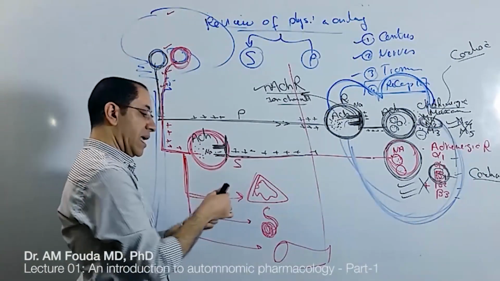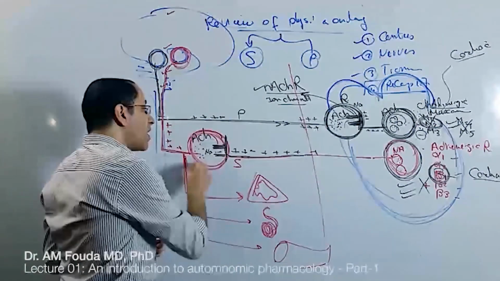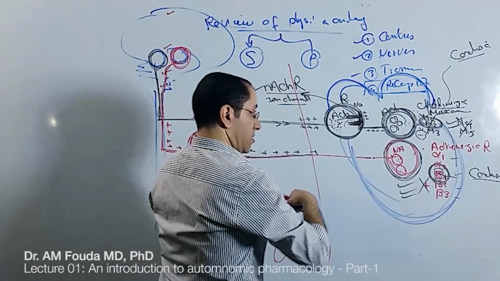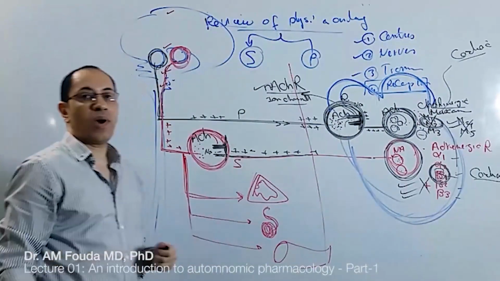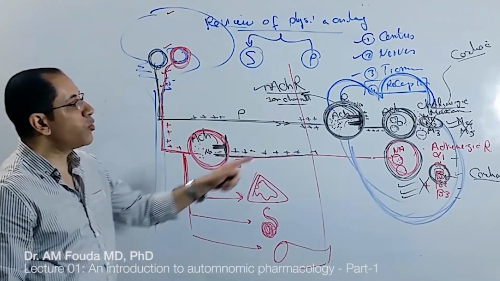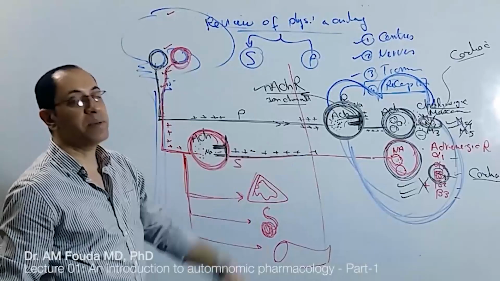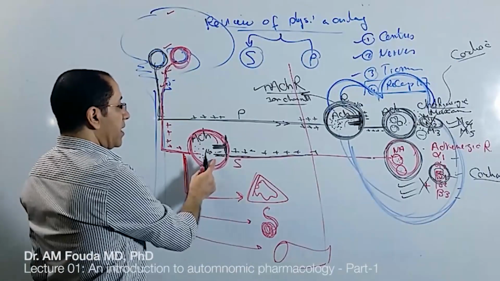It's because you already know that they have the same chemical composition. Both of them, either sympathetic or parasympathetic, have the same chemical transmitter, acetylcholine, and the same receptor called nicotinic acetylcholine receptor.